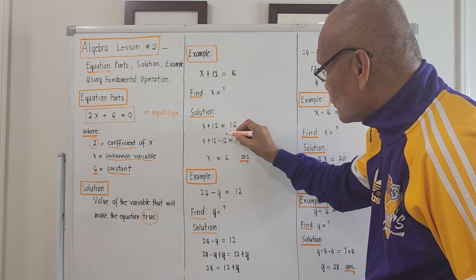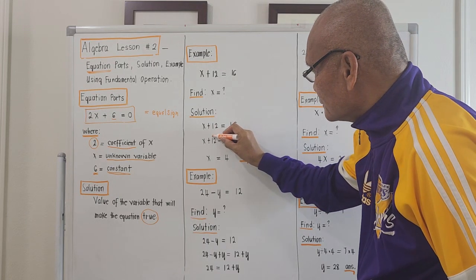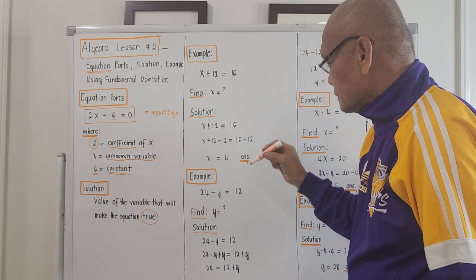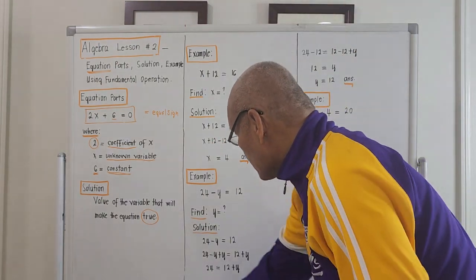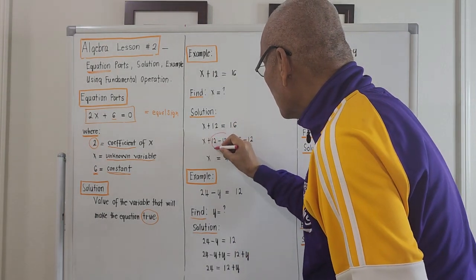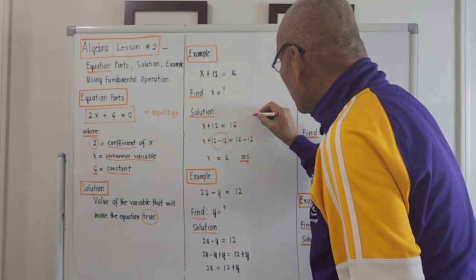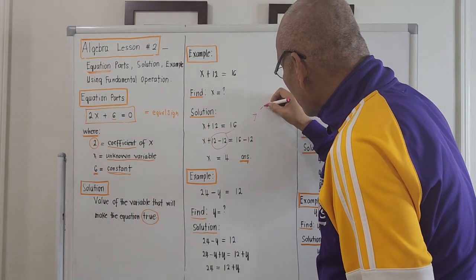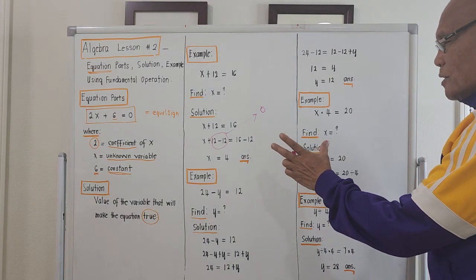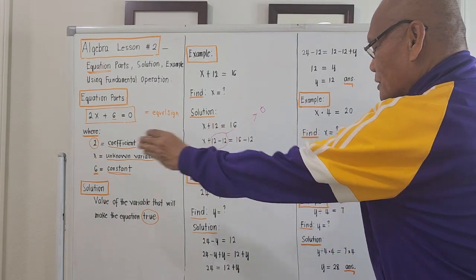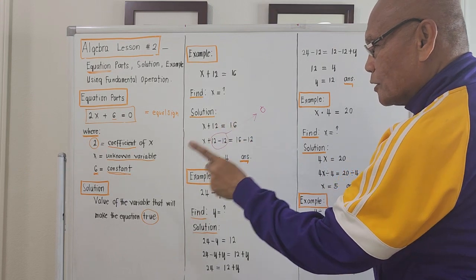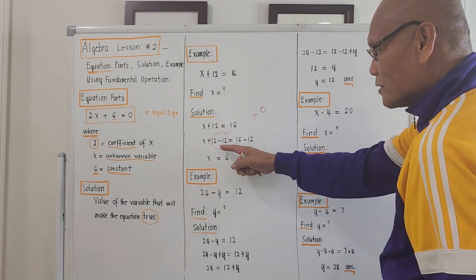I subtract 12 for the sum of these to be 0, because I want to remove the other components on the left hand side. What will remain will be simply the unknown we are looking for. That's why I subtracted 12.